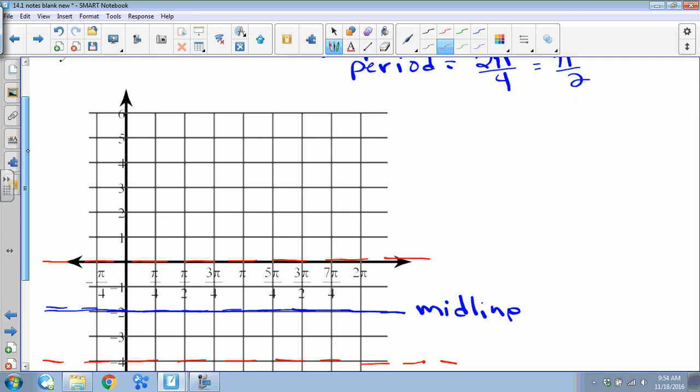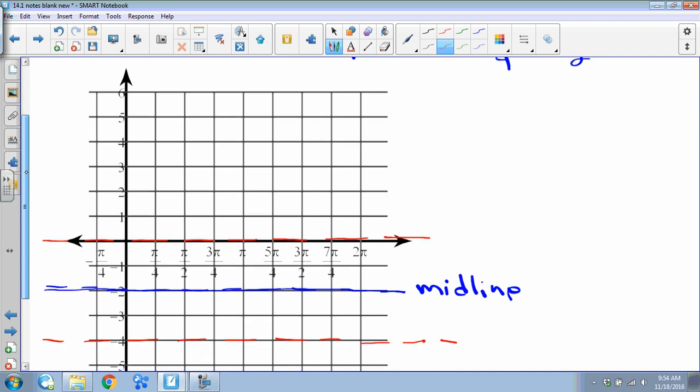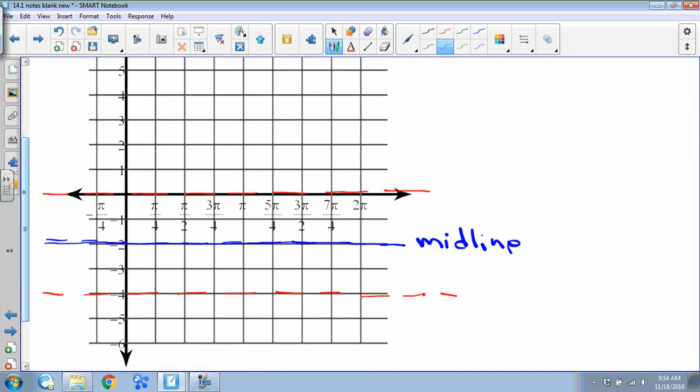And we said that one wave stops at pi over 2. So that's right here, right? Okay. One wave stops there. So if I'm going to divide from here to here into equal pieces, this is the middle, and there's my other. Divide it in half, and divide each section in half.